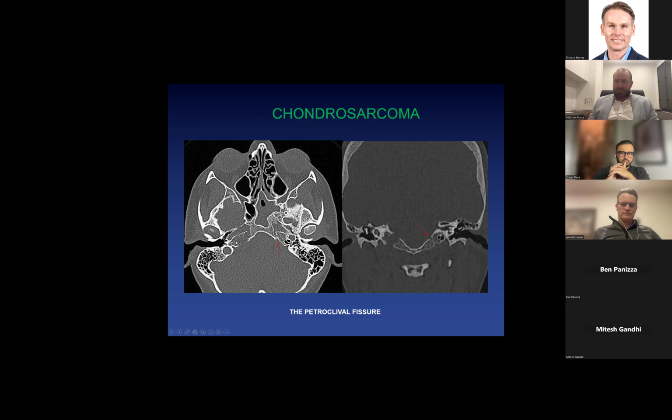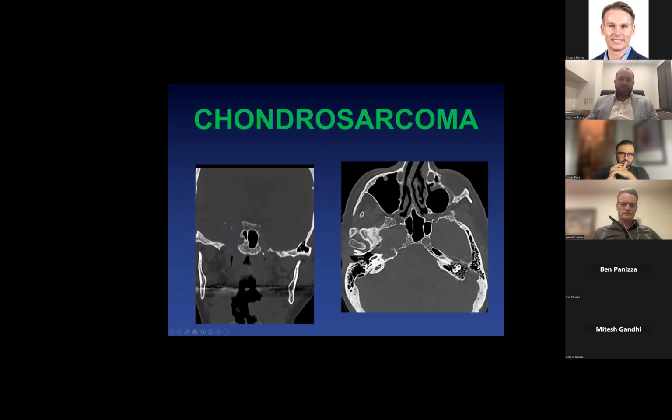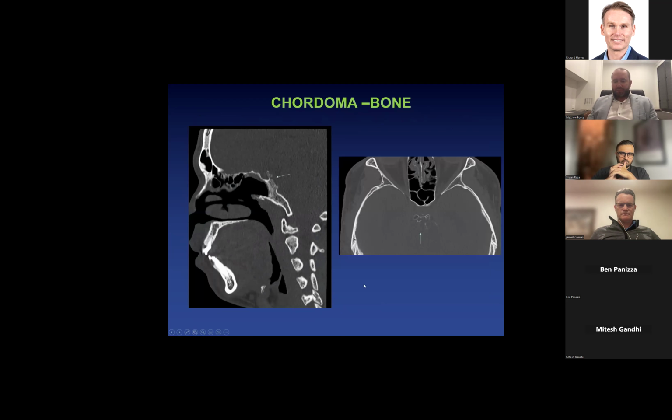And there's a matrix calcification within the lesion, characteristic of a chondroid type of tumor. So this is another chondrosarcoma, which is a bit larger and eroding into the middle ear. It's a lytic lesion. It's got some matrix calcification, producing expansile change.